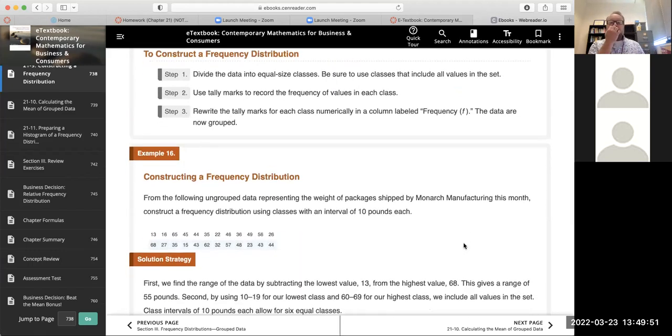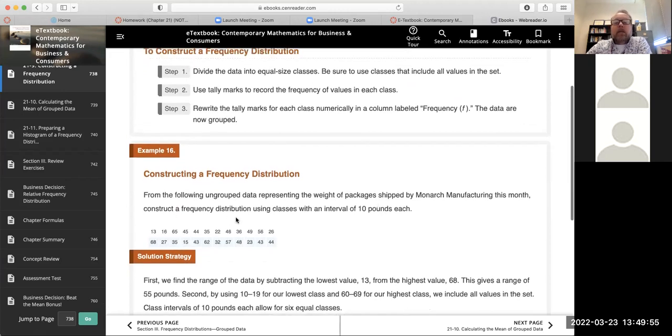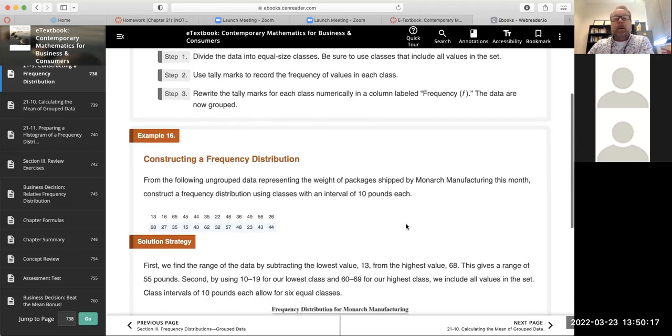So here you have a set of numbers, so basically this is an interval of 10 pounds each. So they want you to create a table that has categories that are 10 pounds each. So 0 to 10, 11 to 20, 21 to 30, etc. So you'd create a table that has those different areas.